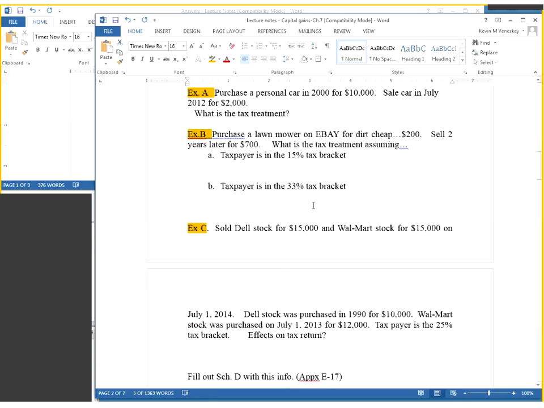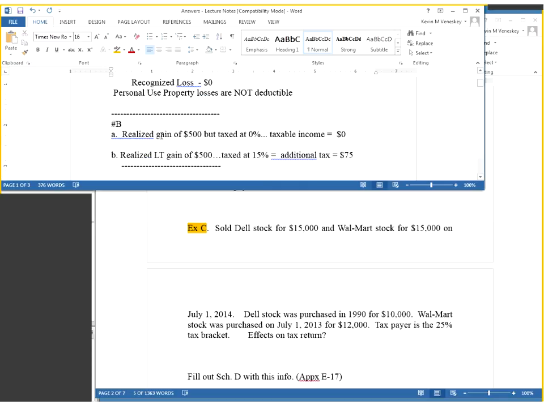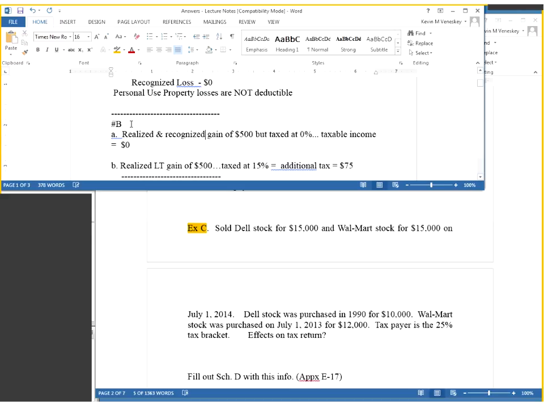And B, if you're in the 33% bracket, what's going to happen? So in B, you have a realized and recognized gain. It's still recognized, and you still put it on your return. However, when you start to calculate your tax down on the back side of the 1040, about line 44, you're going to take that $500 back out when you're figuring your tax and do it separately.